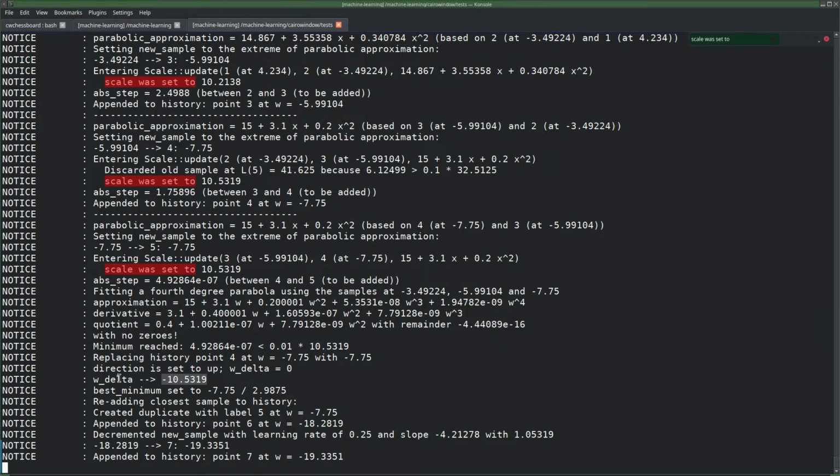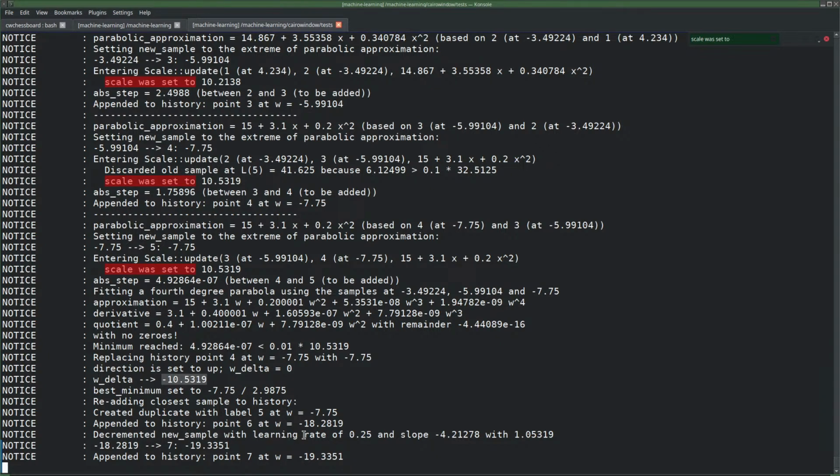Maybe we should have printed here that we use the scale, but yeah, that's clearly scale. Best minimum set to, yep, re-add and close the sample, okay, and to history 0.6. Decremented, is that a word?